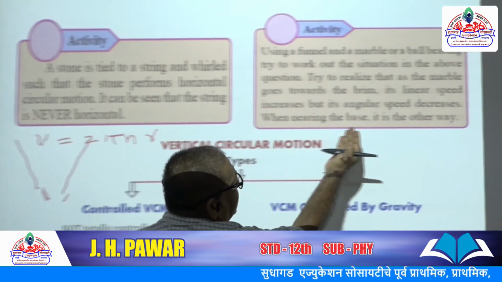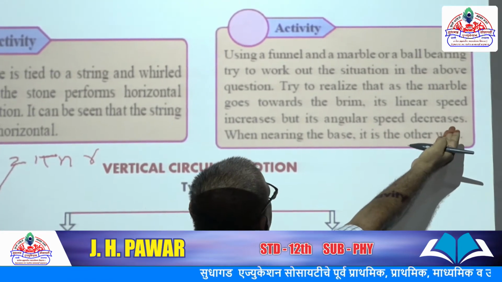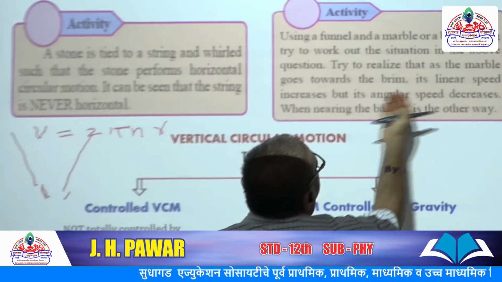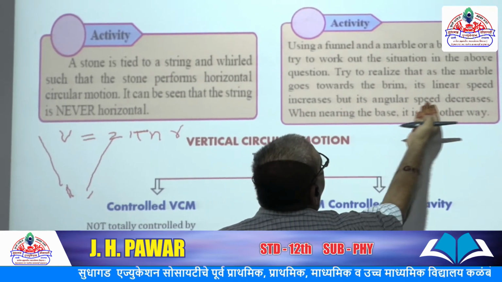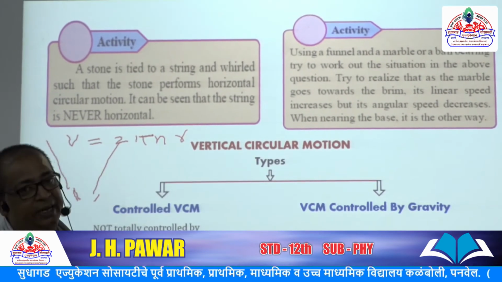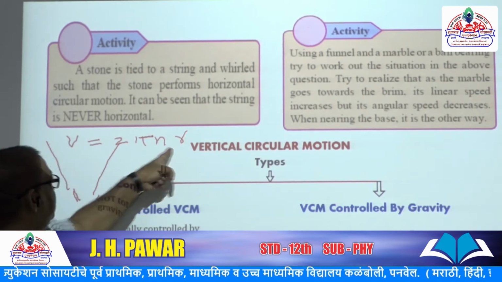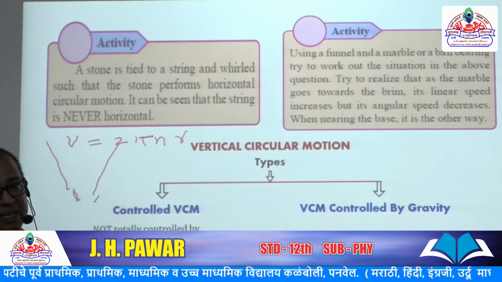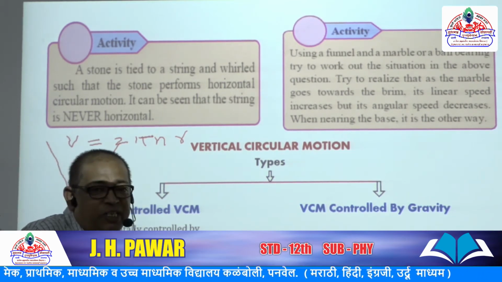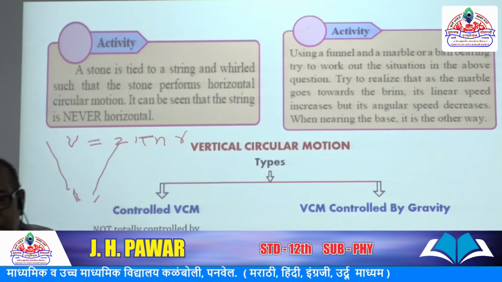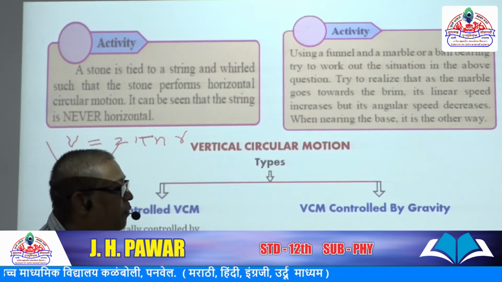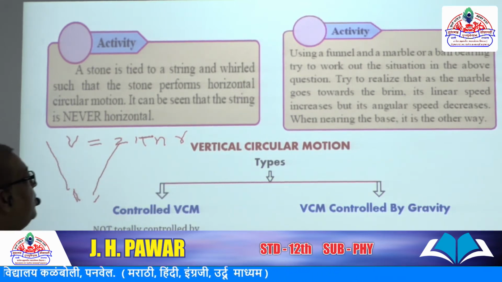Nearer the base it is the other way. Here the linear speed increases, but its angular speed decreases. R increases, V increases, but frequency or angular speed, omega equal to 2 pi n, decreases. Feel it. Thereafter we are going forward.